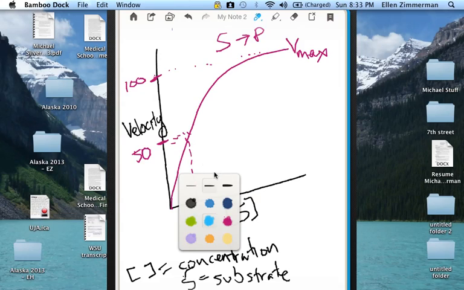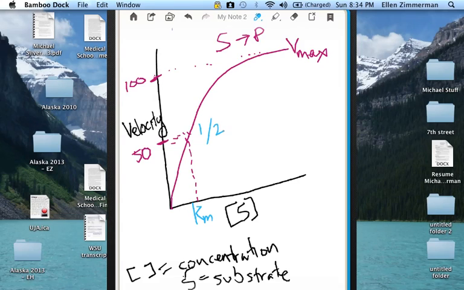The Km is a confusing term for many students. The Km is the substrate concentration at 1/2 the maximum velocity. So remember, this is 1/2 Vmax, right? Because Vmax we know is 100, so 1/2 Vmax is just 50.